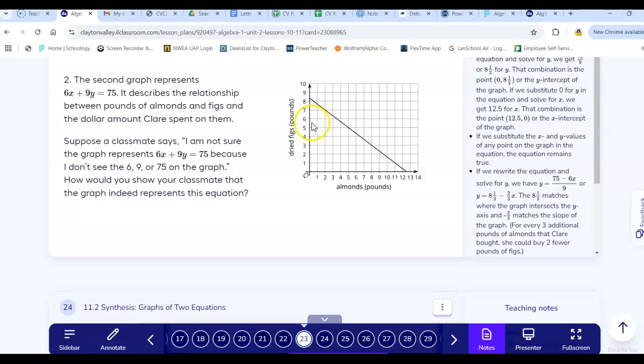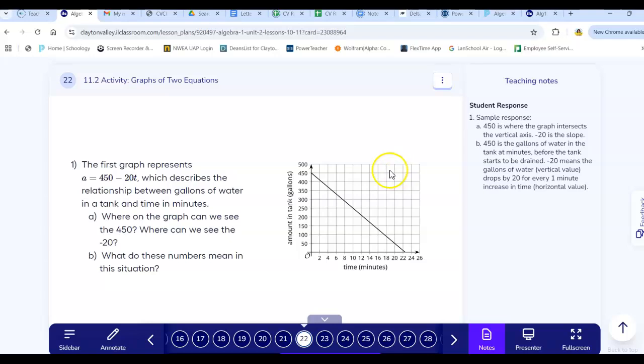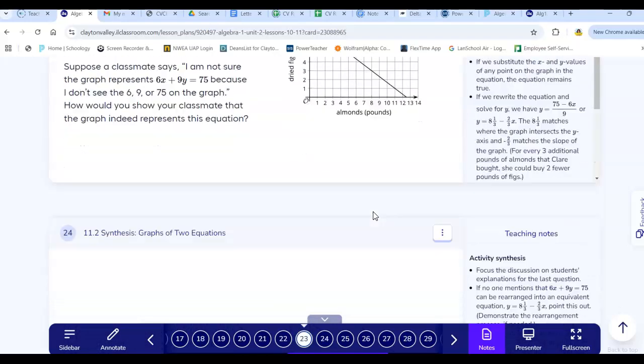So what a standard form graph tells you are your vertical intercept and your horizontal intercept. The other graph tells you your starting point and the slope. How fast are your quantities changing? All right?